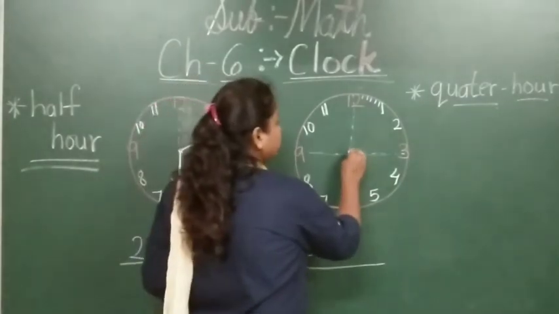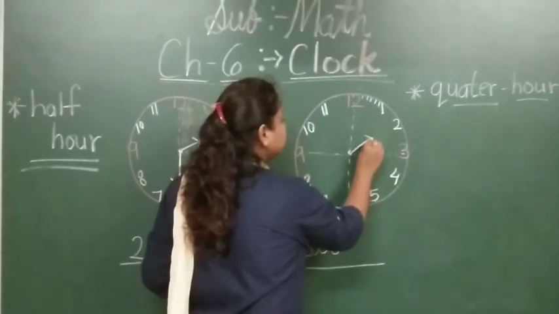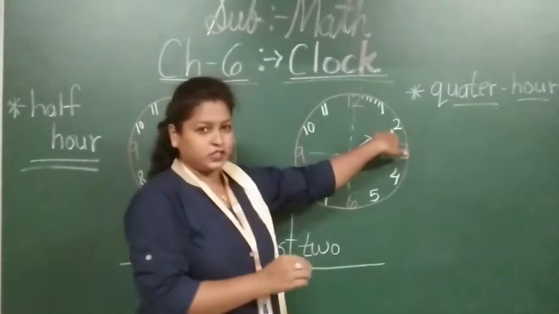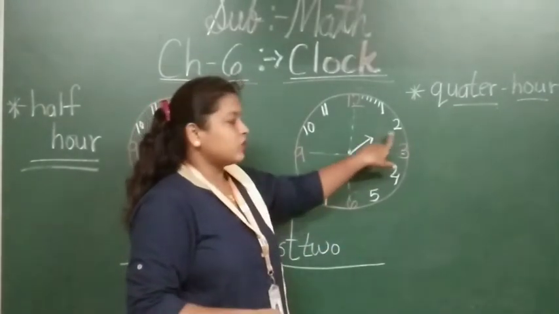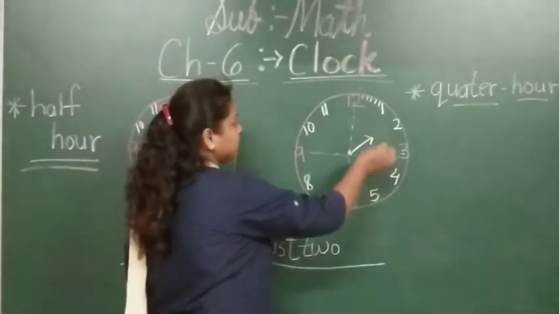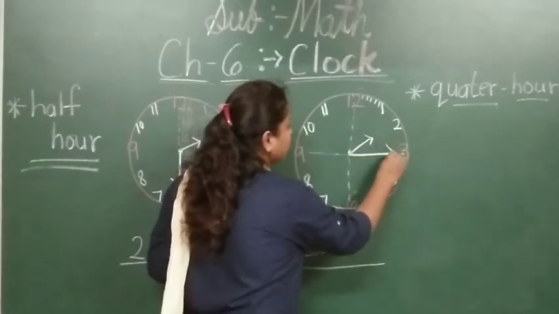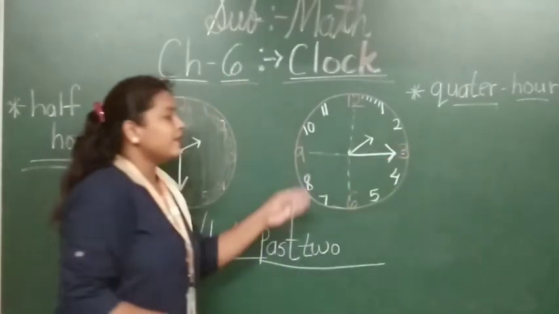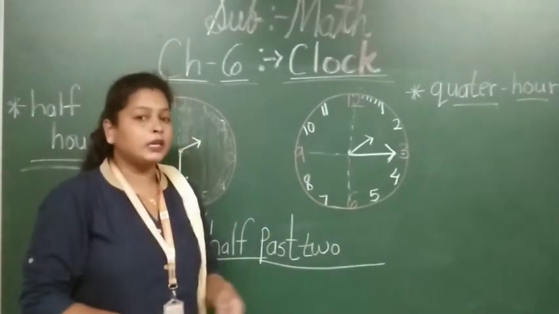So what you will do, you will draw the hour hand near 2. Okay, so our hand is nearby 2 and yes, quarter past. यानी हमें 15 minute past करनी है. So what will happen? Our minute hand will be on 3. Right, students? So whenever you want to show the quarter past, you have to show 15 minutes.